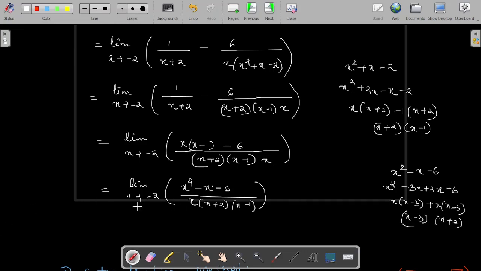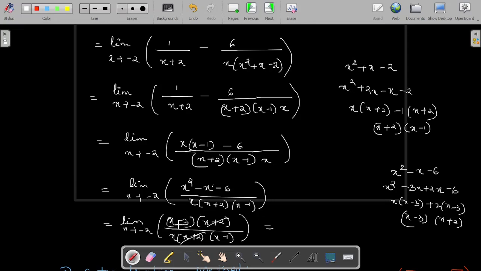So the numerator becomes, limit extends to minus 2, x minus 3 into x plus 2 divided by x into x plus 2 into x minus 1. So x plus 2 cancels. Now the factor which was making the numerator and denominator both 0 is getting cancelled.